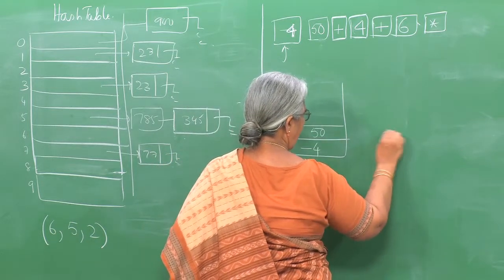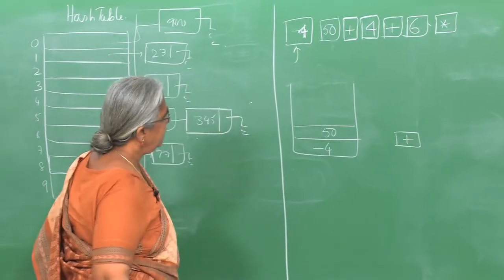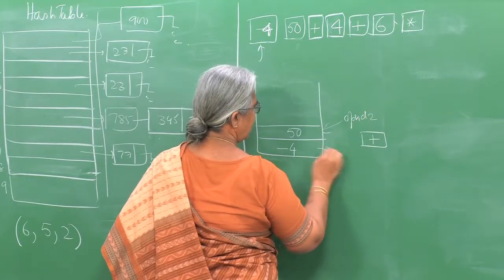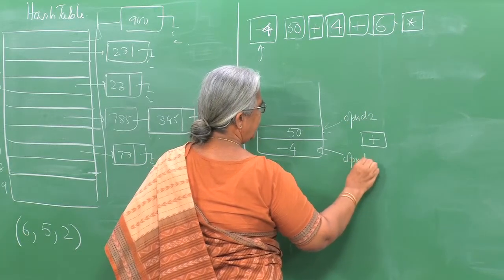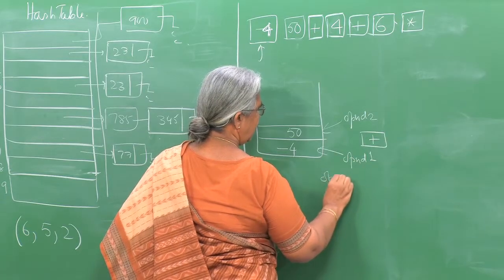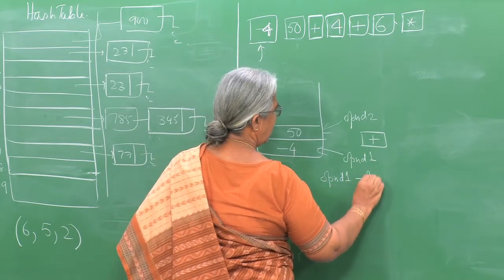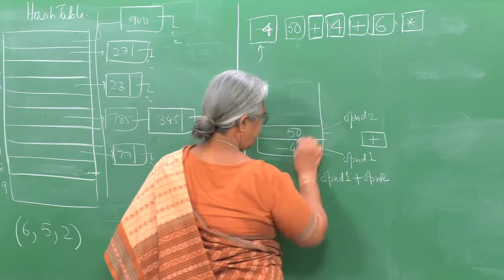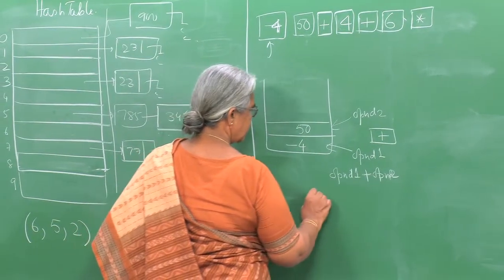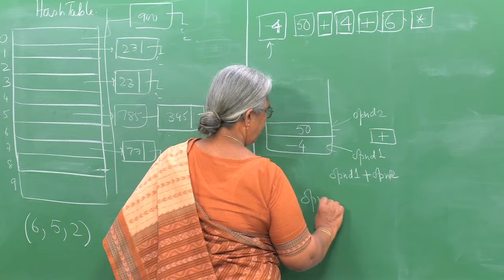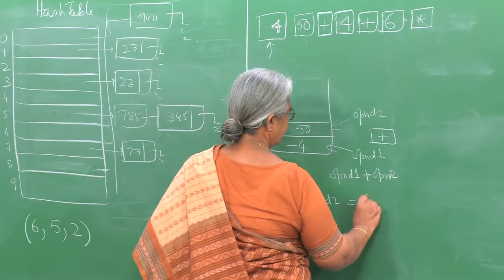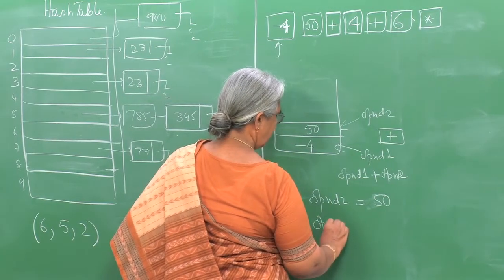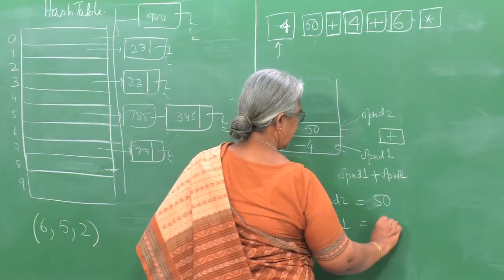But as soon as you see the operator, this is operand 2 and this is operand 1, and you perform operand 1 plus operand 2. So, we first pop off both these elements. Let us say OPND 1, OPND 2: the first element that is popped is 50, and the second element that is popped, OPND 1, is -4.